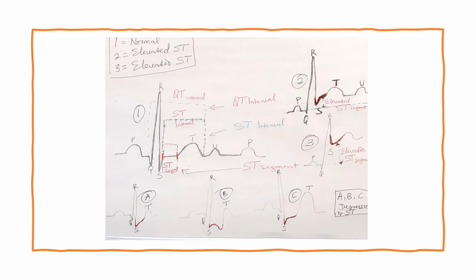The third diagram is showing it more clearly. Then if you now check down here, A, B, C, something different is happening here. You see that this is the isoelectric line, should be like this, but instead of elevation, it's down. You could see that it's down here, like this. And here, when you look at this again, it's also down.